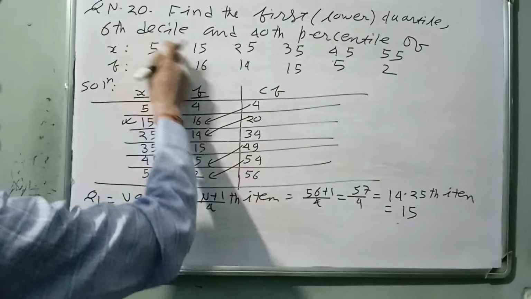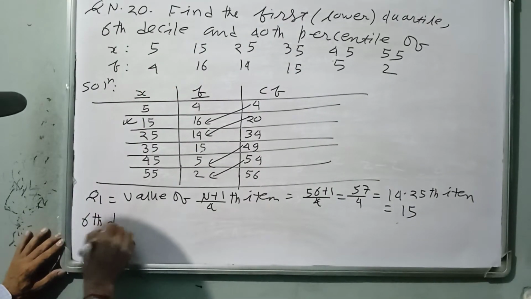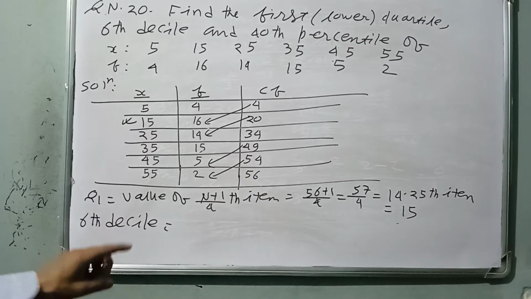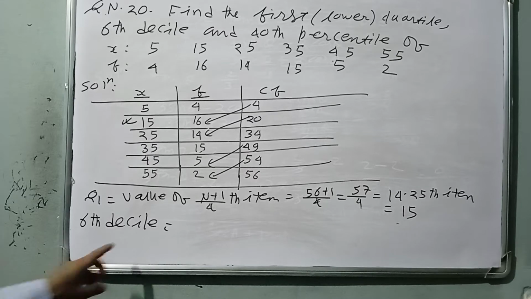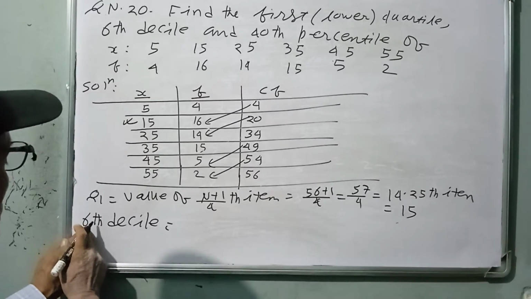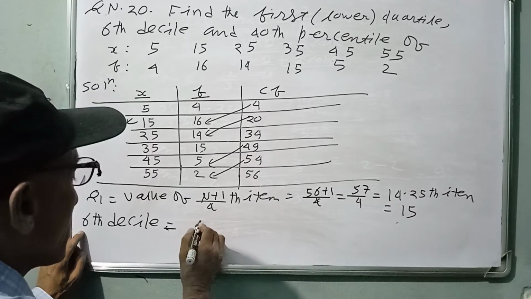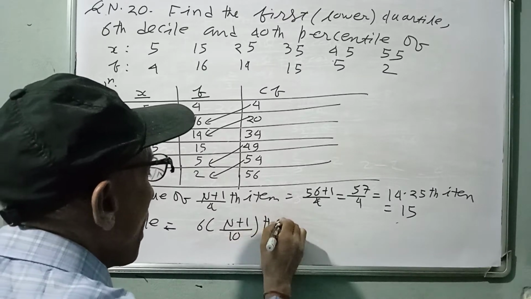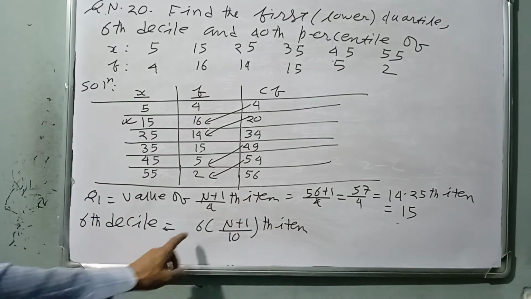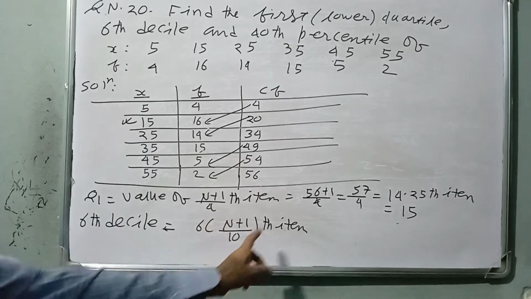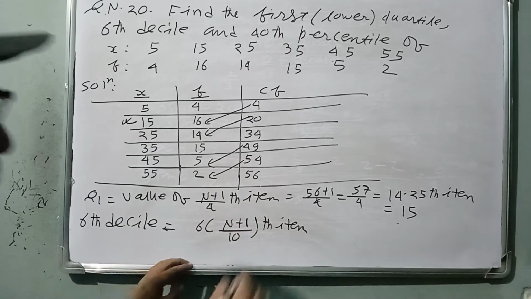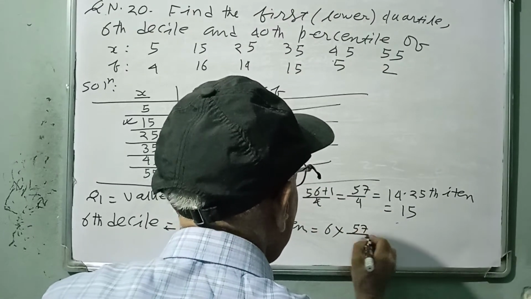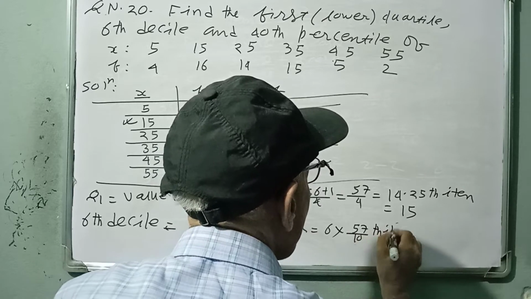Another is the sixth decile. Here decile means divide by 10. Percentile: percent means 100, decile 10. The formula is 6 (n plus 1) by 10th item. Sixth decile means 6, write 6 here, bracket n plus 1 upon 10. 6 is 6, n plus 1 is already given, 57 by 10th item.